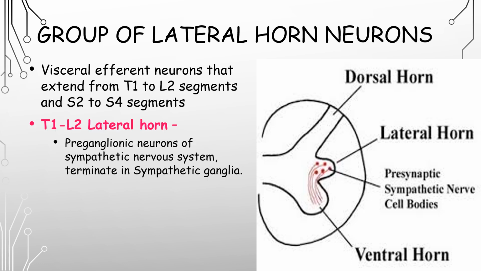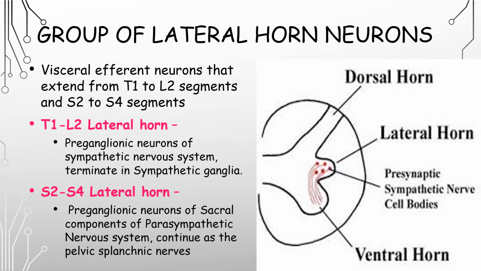Neurons present in the T1 to L2 lateral horn are the preganglionic neurons of the sympathetic nervous system. Their axons terminate in relation to postganglionic neurons in the sympathetic ganglia.